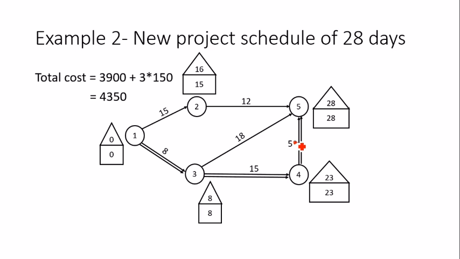If we have to do further compression, as we are going to do in this question, then I cannot compress activity 4 to 5 because it has already reached its crash duration. The meaning of crash duration is that you cannot compress it beyond that duration. That's why I have highlighted this with a star.